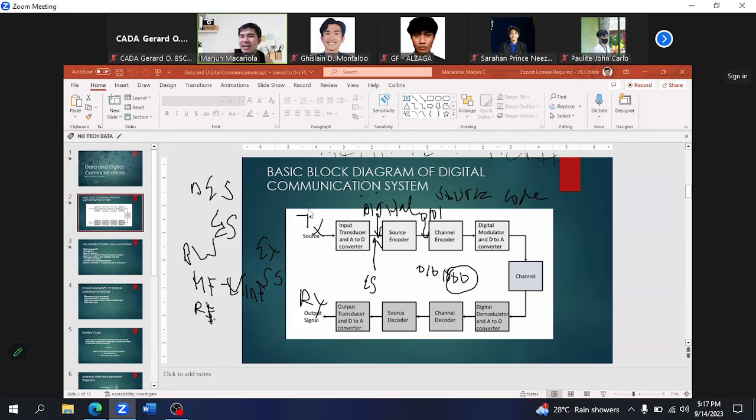So basically, when we talk about bandwidth, we're talking about frequencies in units of hertz, represented by the abbreviation Hz. Named after Heinrich Hertz. Okay? Nakasabay pa?